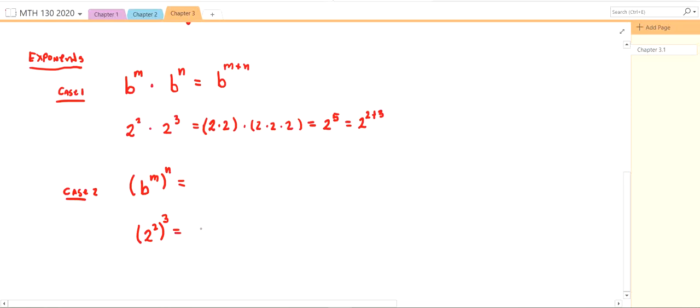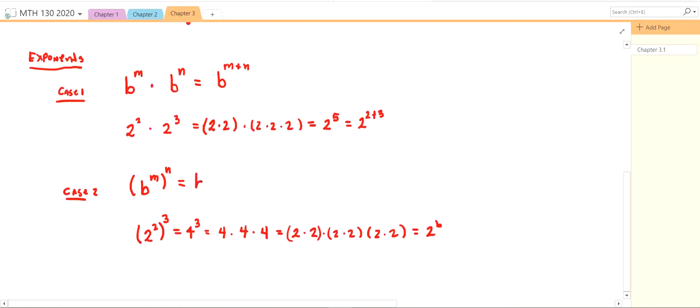So what does this equal? Well, 2 squared is 4, essentially, raised to the 3 power, which is 4 times 4 times 4, or we could look at it as 2 times 2, so that's 4, times 2 times 2 times 2 times 2, or 2 to the 6th.